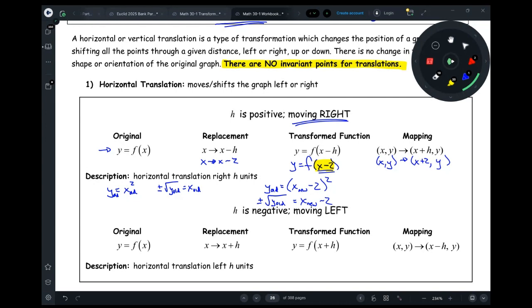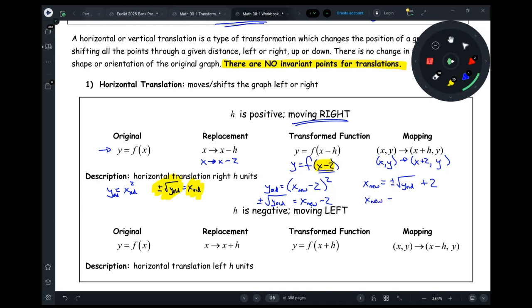Then to get the new x coordinate by itself, I would have to take the old one. Now remember what's going on here. This plus or minus square root of y old is not a y coordinate, it's the x coordinate. That plus or minus square root of y old is equal to the old x coordinate. So this is the old x coordinate plus 2.